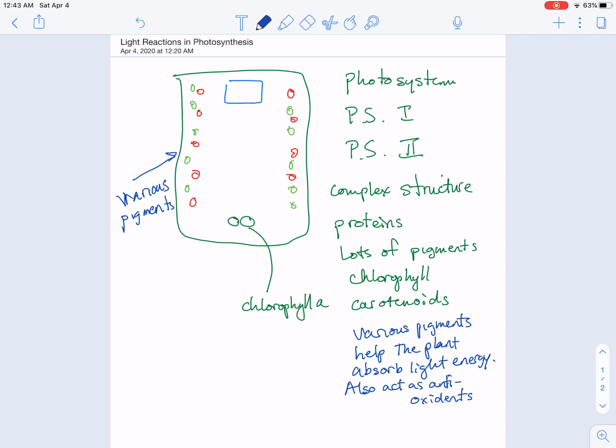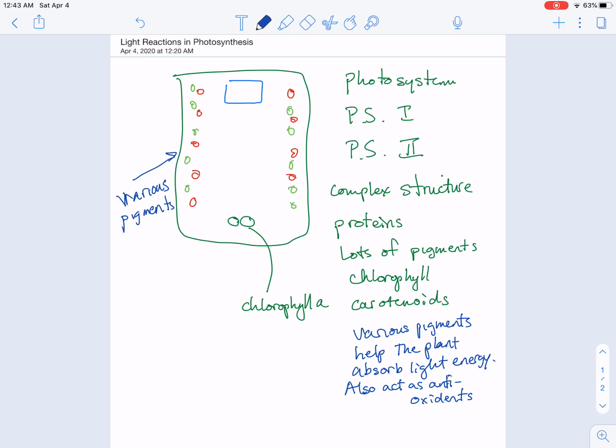Free radicals are things that end up getting electrons ripped off of them, but then they cause this cascade reaction where other molecules get their electrons ripped off, and that causes other molecules to get their electrons ripped off. So you understand my point here. Those different pigments will help stop free radicals from forming and help prevent damage to a system or to a cell.